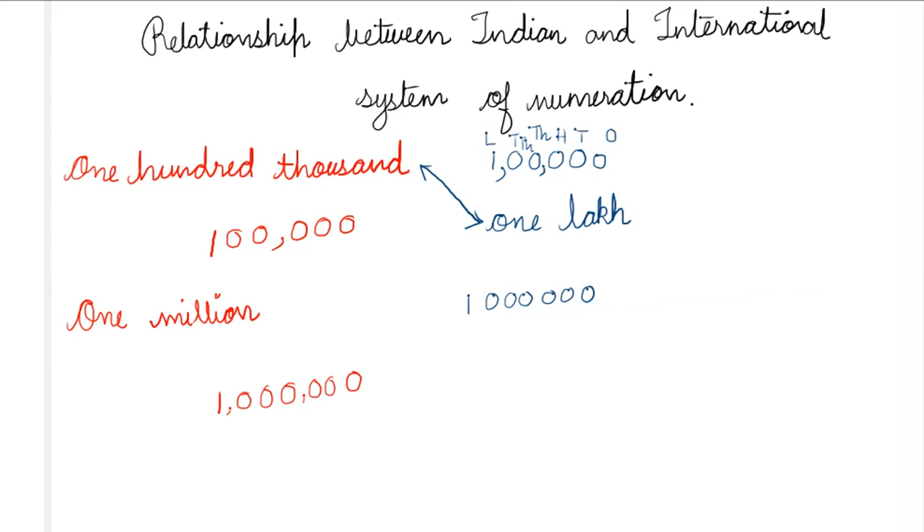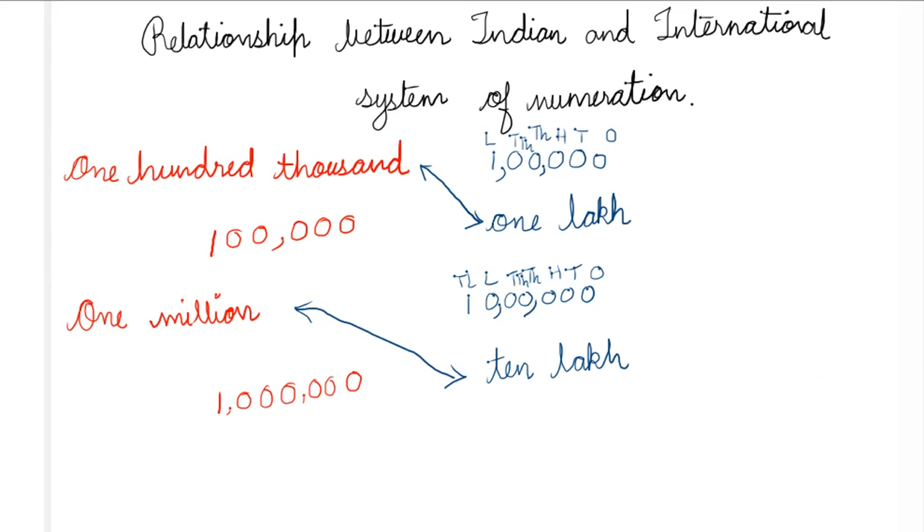Now I will place commas according to the Indian system, that is, beginning from the right, a comma is put after the first 3 digits and then after every 2 digits. Now I write the place values: ones, tens, hundreds, thousand, 10,000, lakh and 10 lakh. So what is this? This is nothing but 10 lakh. So 1 million in the international system is nothing but 10 lakhs in the Indian system.